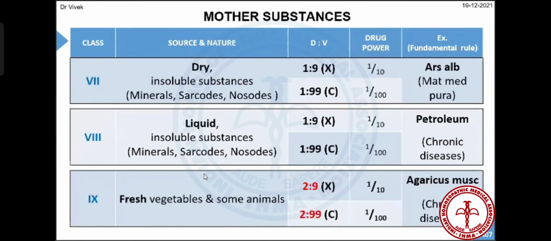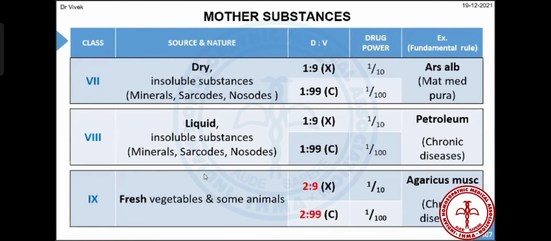Here the drug vehicle ratio is 2:9 and 2:99. As it is fresh vegetable, it contains moisture, and the moisture will get evaporated during trituration. That is why 2 parts of drug is taken, but the drug strength will be 1/10 and 1/100.